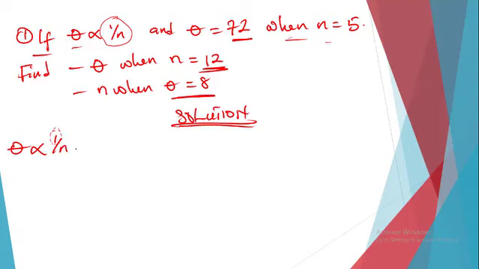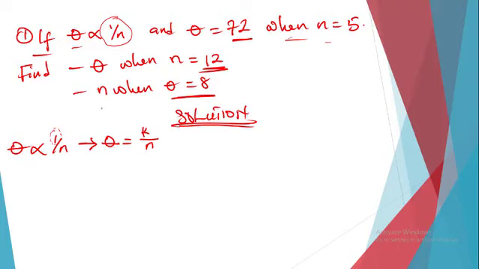So since 1 is a constant, we have to replace it with what? With k, which is the normal form of our constant. So therefore we have theta equals k over n. Do we understand? So now this is the relationship that exists between theta and what? And n. Okay, let us continue.